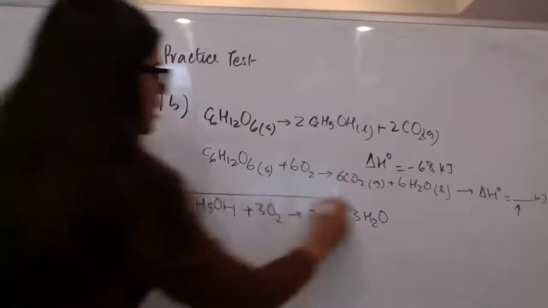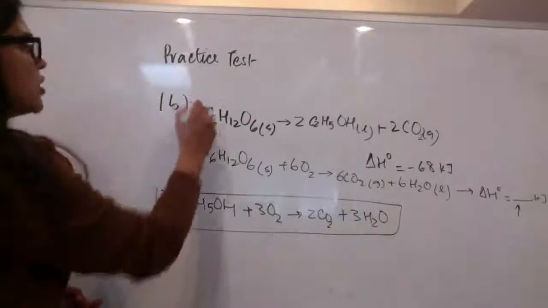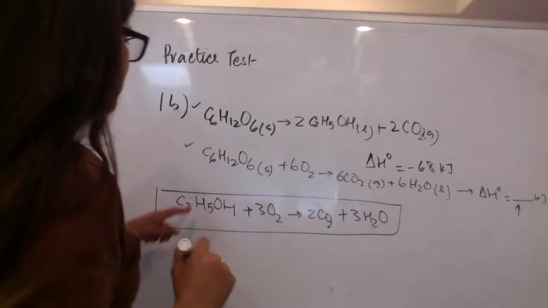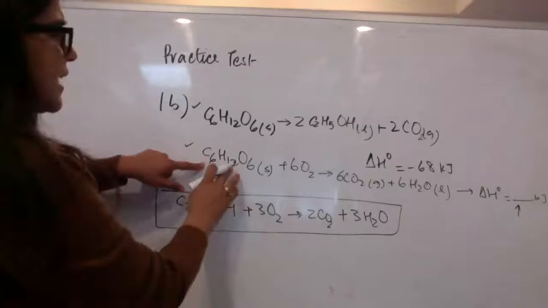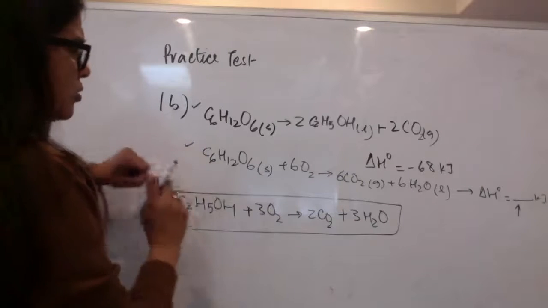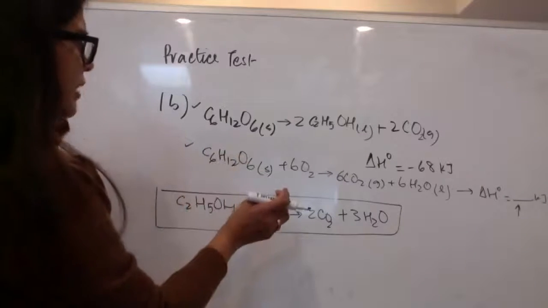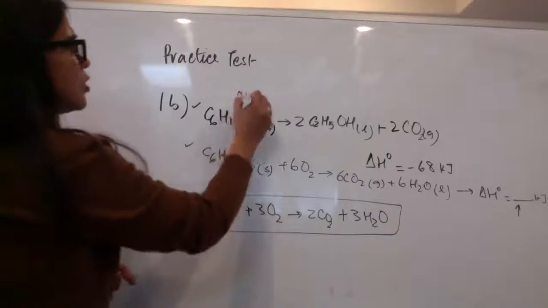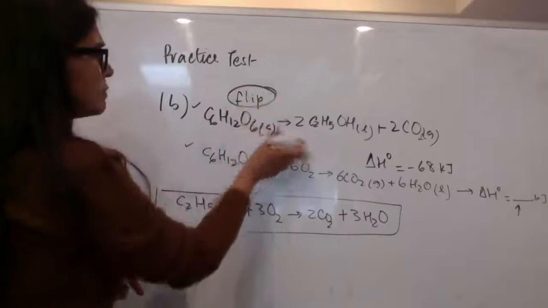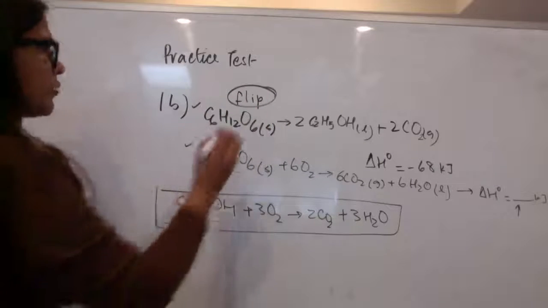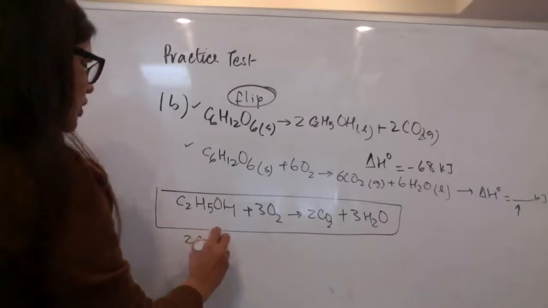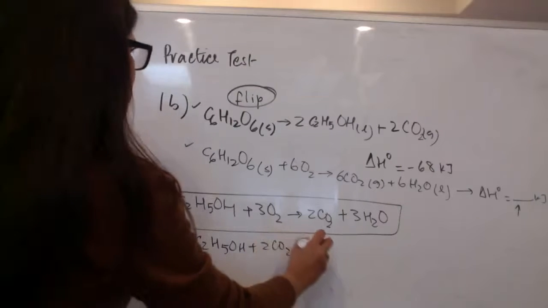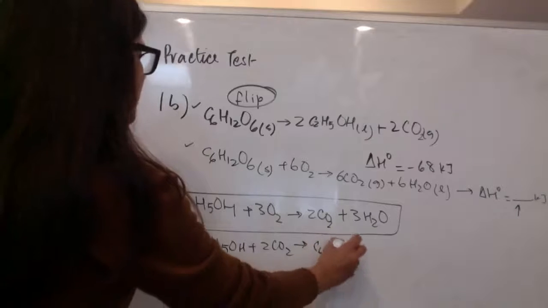So if you want this equation out of these two, because you know delta H for both of those, what you can do is keep the second equation as such, because you want C2H5OH on the reactant side. So you flip this equation, and when you flip it, you get 2C2H5OH plus 2CO2 gives you C6H12O6.